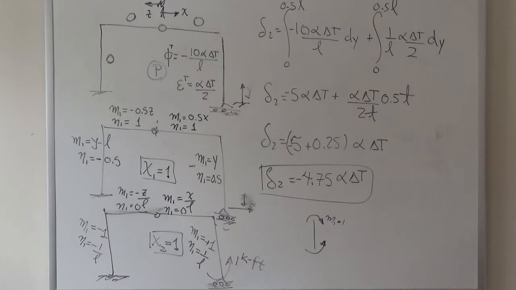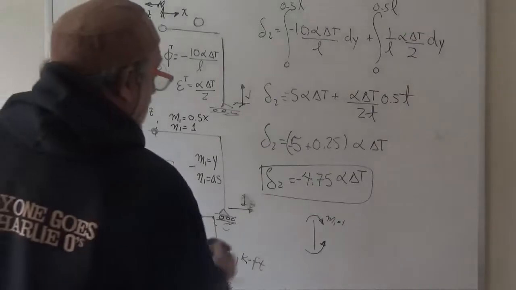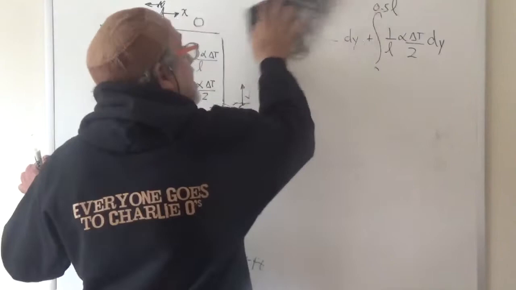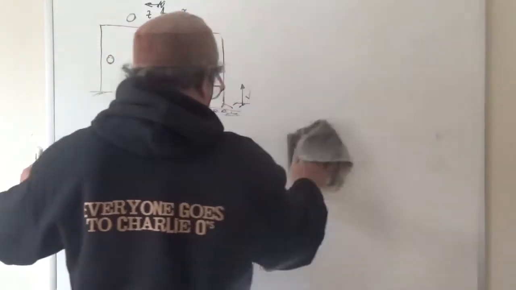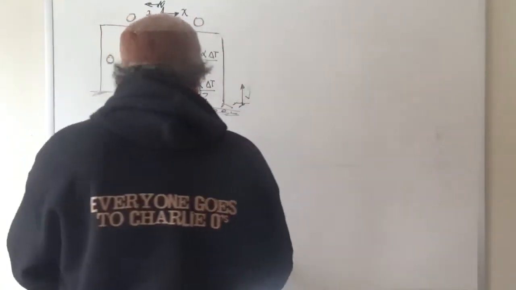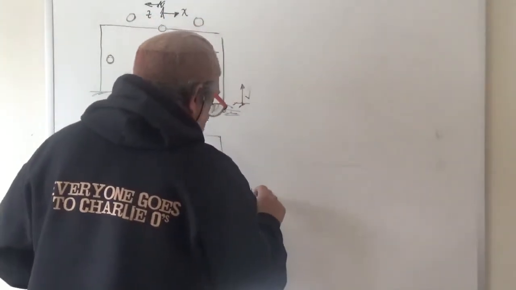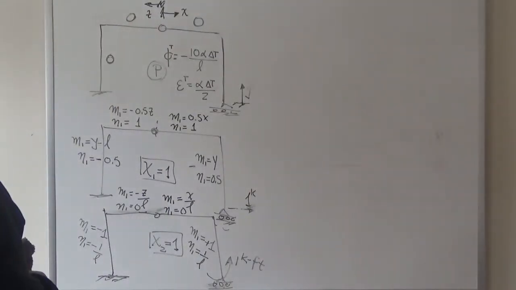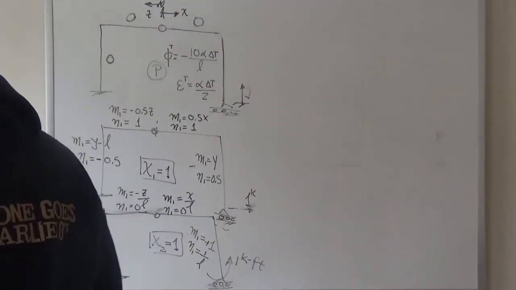First one was minus 9/8, and this one is minus 4.75 of alpha delta t. So we have delta 1 and delta 2. Okay. As I mentioned, it's hard not to make errors on this many multiplications and keep track of things. I tried, but still made the errors. So here is x1 and x2. We have delta 1 and delta 2. So we completed the deformation.